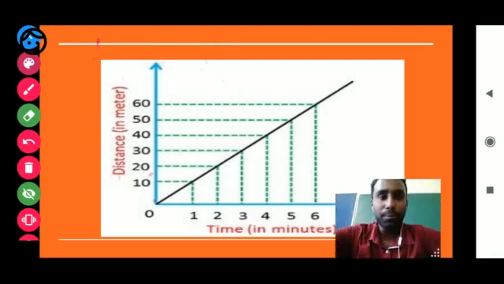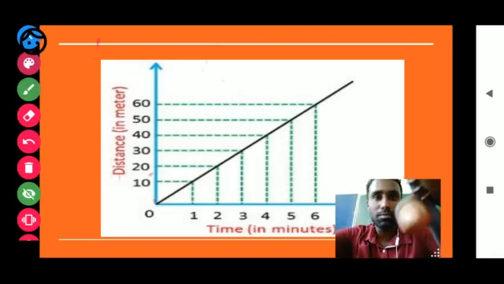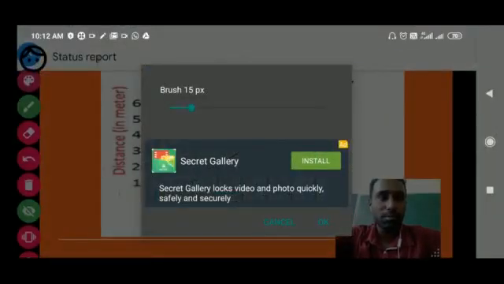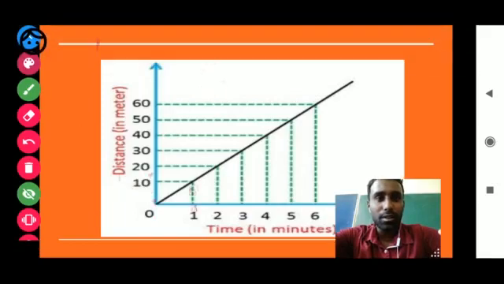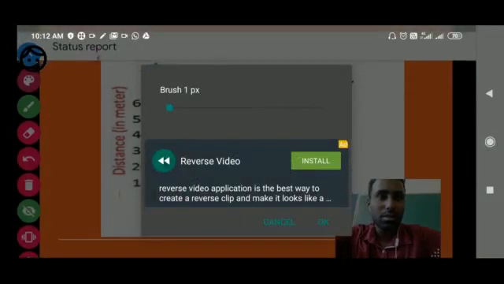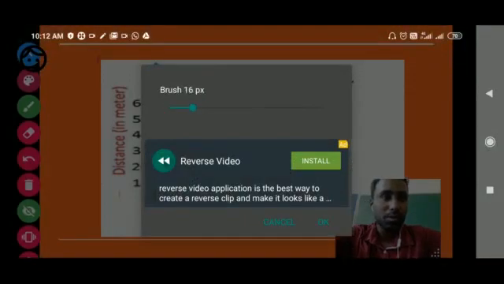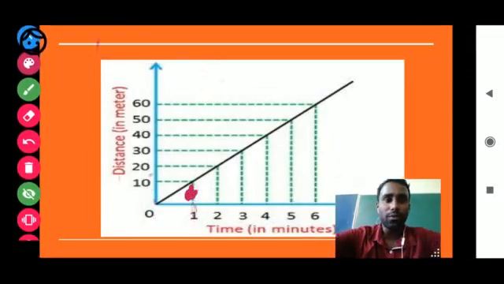For the first second, it covers 10 meters of distance.